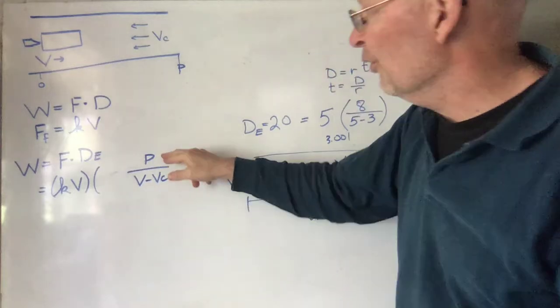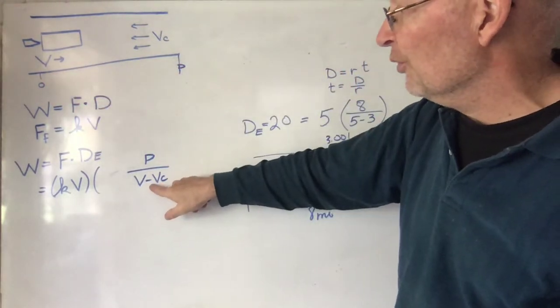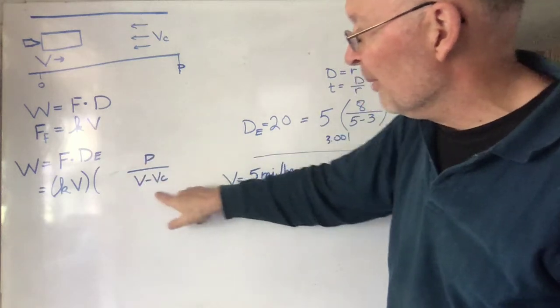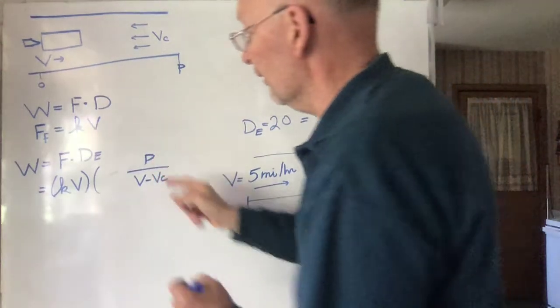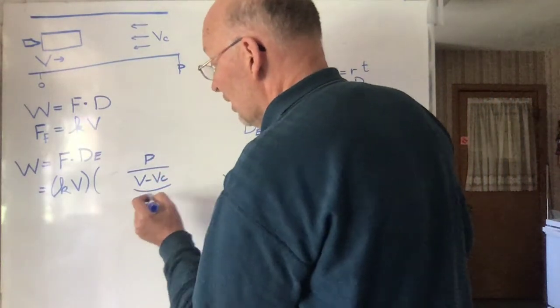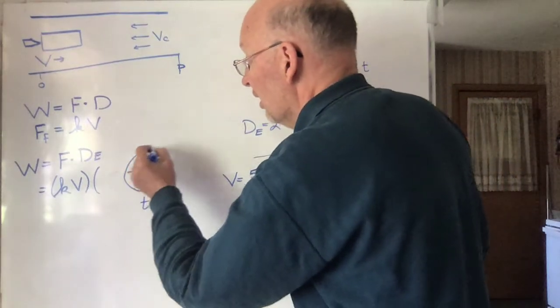See that? There's the distance that you're covering. There's the speed with which you're going upshore. There's the amount of time in the water. This right there, there was your amount of time. All that amount of time in the water, that's this whole thing here.